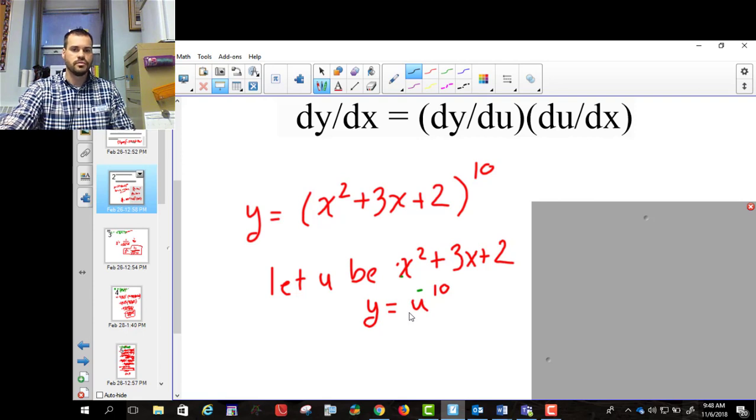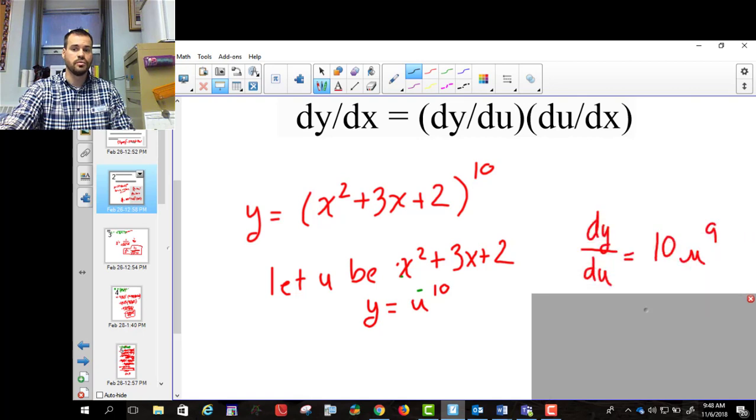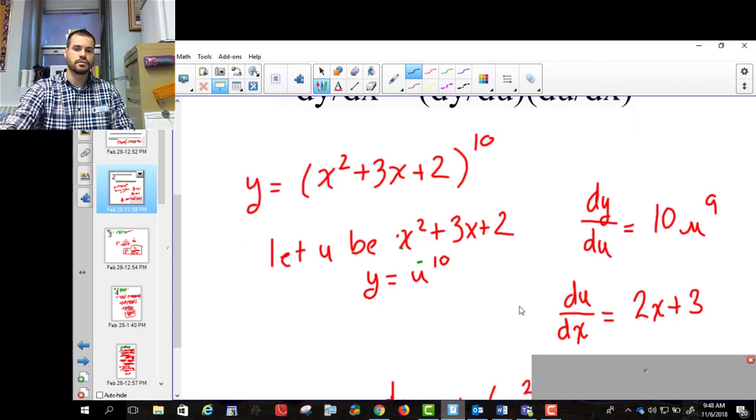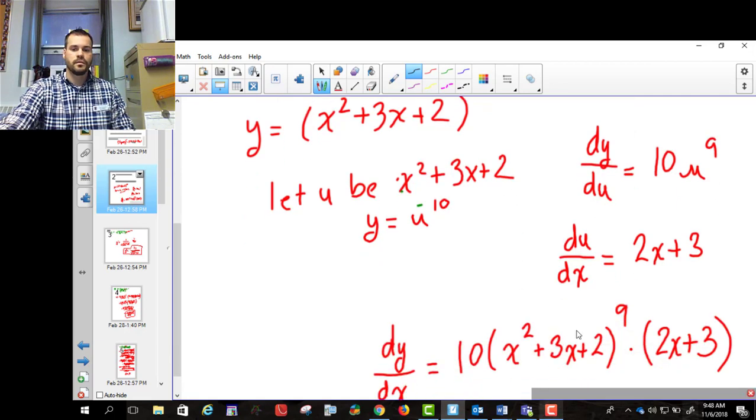Then we take the derivative of y with respect to u, pretending that u is our variable for now, and that's 10u to the 9. And then we multiply that by the derivative of u with respect to x, the derivative of x squared plus 3x plus 2.